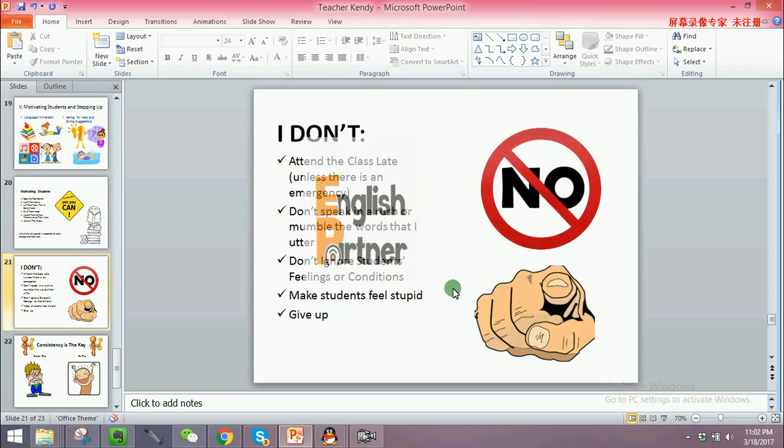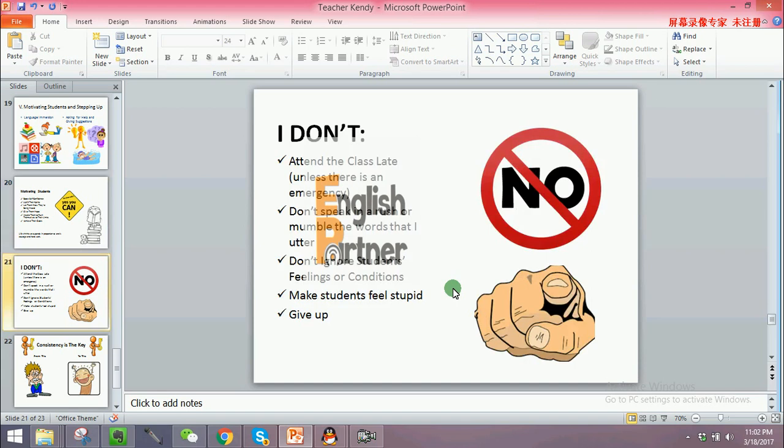So now I just want to share the things that I do not like to do in my class or to my students. Well, first is to attend the class late unless there is a serious situation or really an emergency. I don't speak in a rush or mumble the words that I utter, and I don't ignore my students' feelings or conditions.